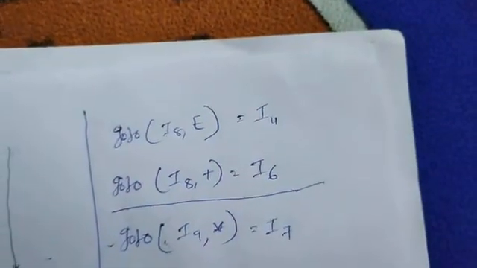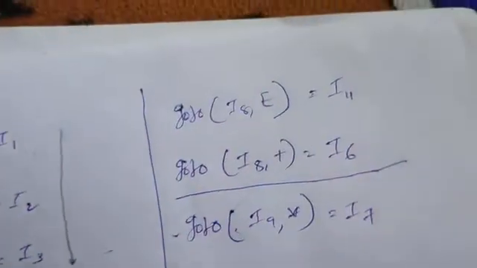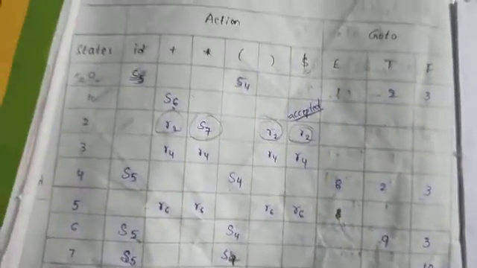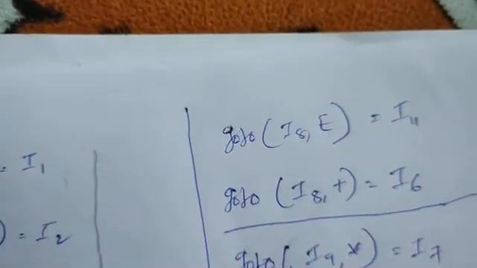Next we go to I8. It has only two things, E and plus. In I8, on plus we use S6. Why? Because on plus we go to the I6 state. For that reason S6 is placed here. Then for the open braces, no, that is actually wrong.